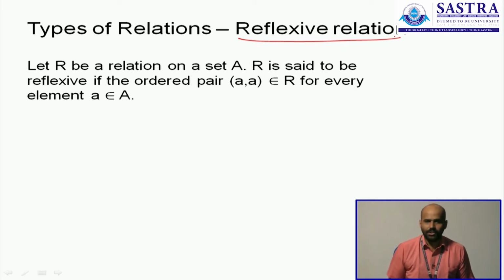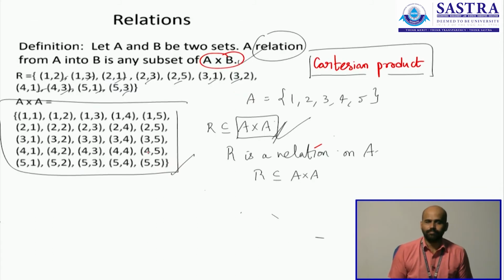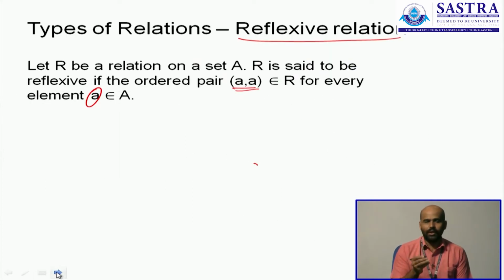Let R be a relation defined on a non-empty set A, and this R is said to be a reflexive relation if the ordered pair (a, a) is included in the relation for every element of the set A. So whenever there is an element a belonging to the set, we must also have the ordered pair (a, a) included in the relation.